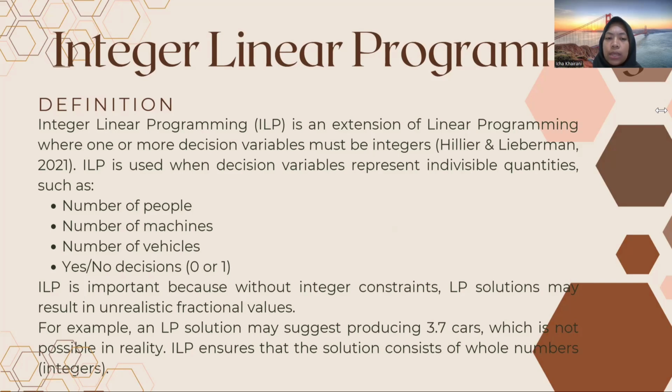ILP is important because without integer constraints, LP solutions may result in unrealistic fractional values. For example, an LP solution may suggest producing 3.5 cars, which is not possible in reality. ILP ensures that the solution consists of whole numbers or integers.